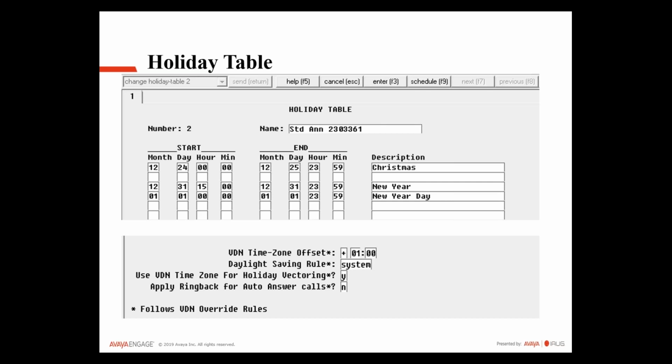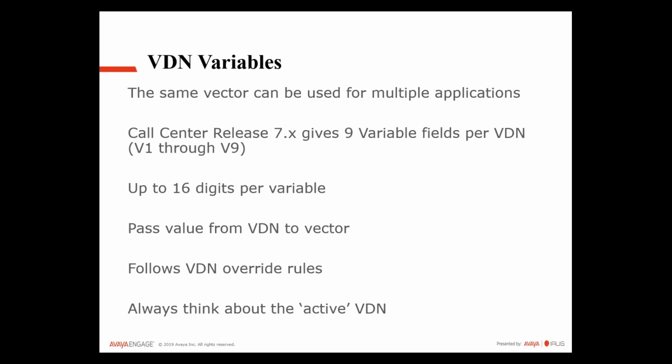I have different VDNs for different locations based on dial plan, so it was easy enough for us to put the VDN time zone entry in there and kind of move on with that. So that's our introduction to the variable vectors.